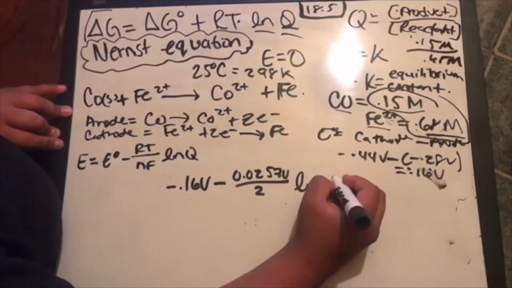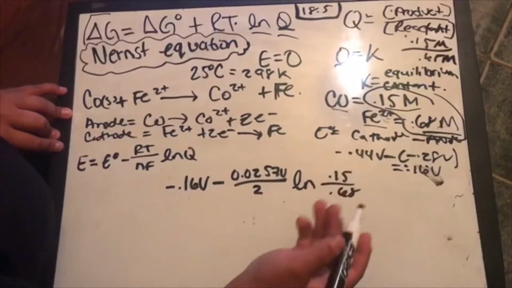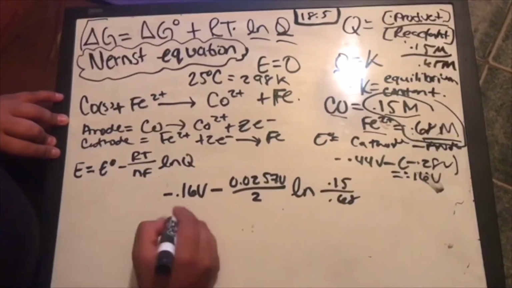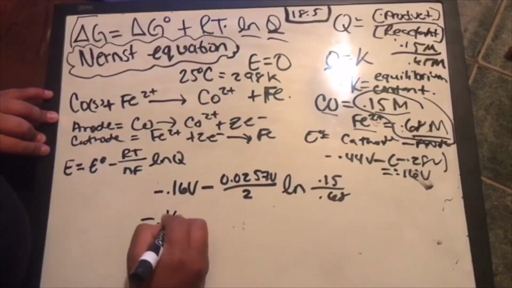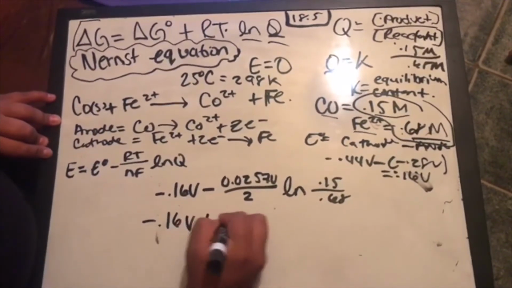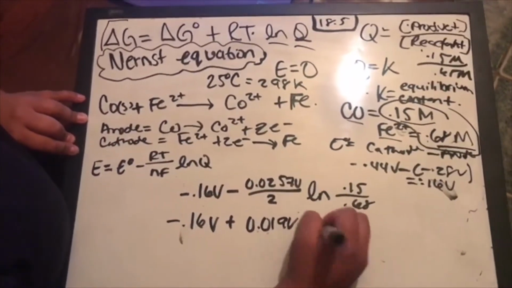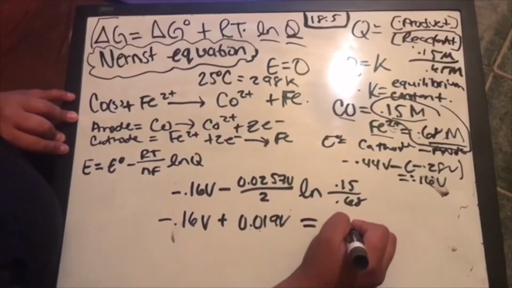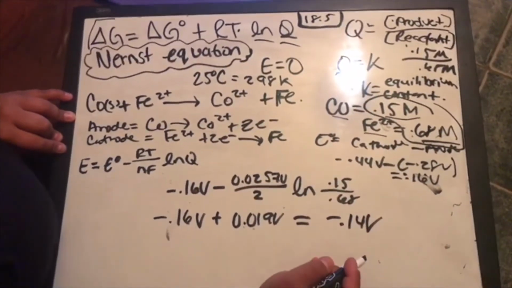So it's the log of 0.15 over 0.68. Now to reduce this, we are left with negative 0.16 volts plus 0.019 volts, and that equals negative 0.14 volts. And this is the Nernst equation.